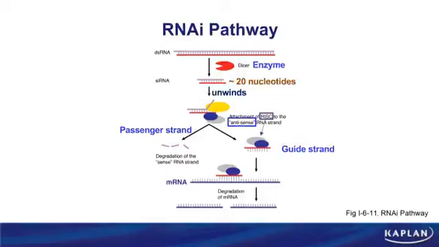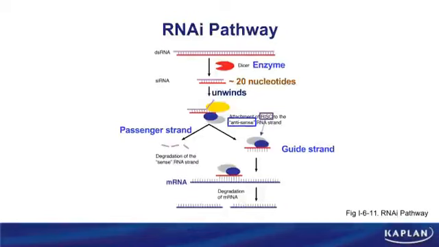Meanwhile, in the nucleus, there is a gene that's making RNA, and then the RNA comes out into the cytoplasm. The RNA is supposed to encode for a protein. But now if the guide strand is present, the guide strand, because it's complementary, will base pair in a complementary anti-parallel fashion to the messenger RNA.